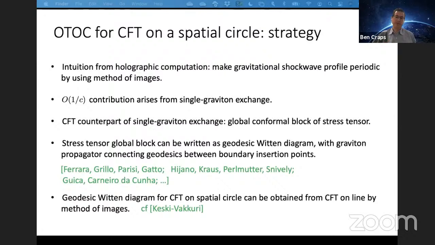Because that's a bulk propagator, and because the Euclidean BTZ black hole can be viewed as a periodic identification starting from the BTZ Euclidean black brane, you can apply a method of images to that.